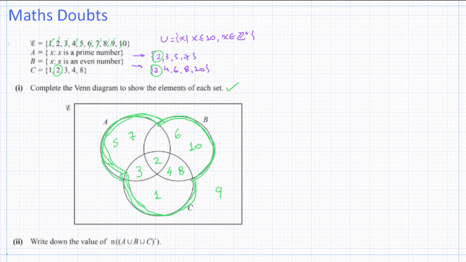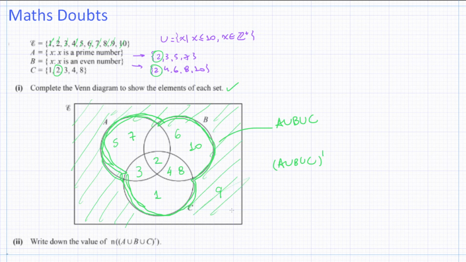So this green thing here would be A union B union C. If I take the complement of that, I would be getting what's outside of them, right? Anything that's not inside any of them. So the only element that I have there is 9. So the number of elements in that set would be 1.